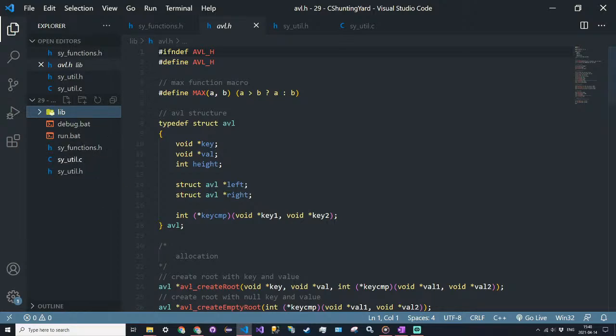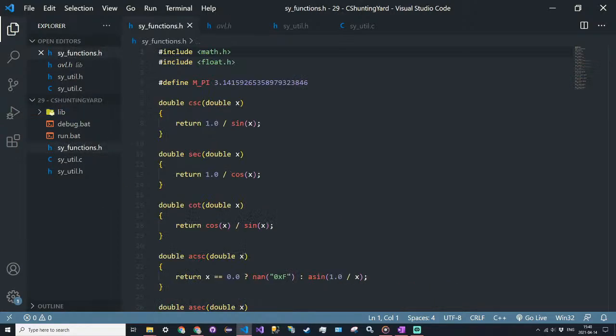And then for the other files that I have pertaining to Shunting-Yard directly, what is up? Clip Studio Paint X tutorials, okay. Sorry.